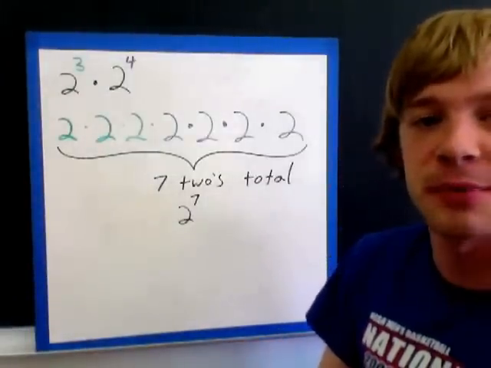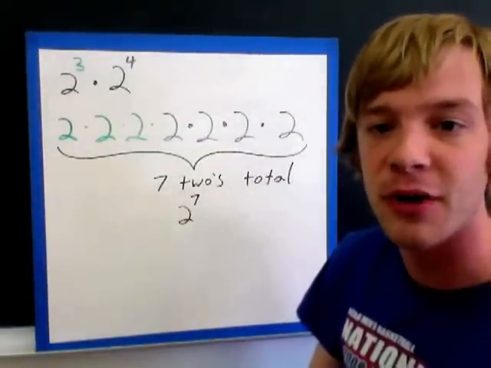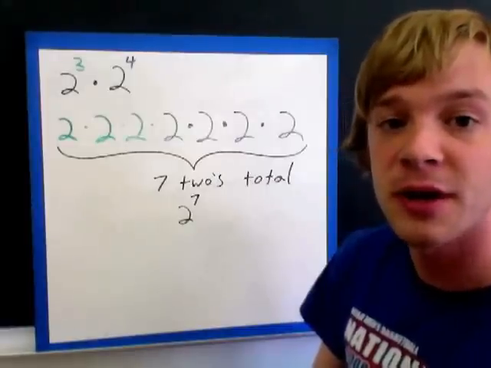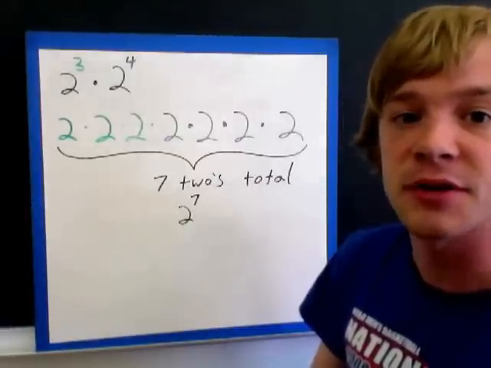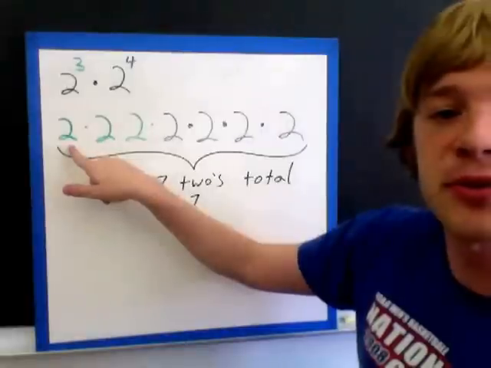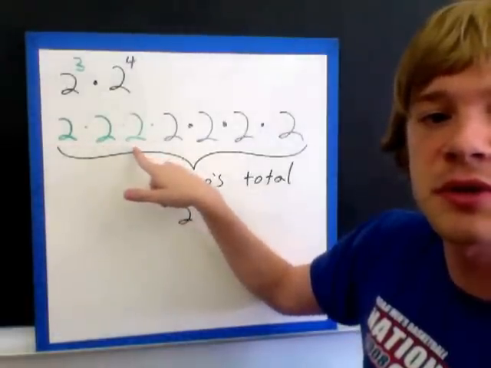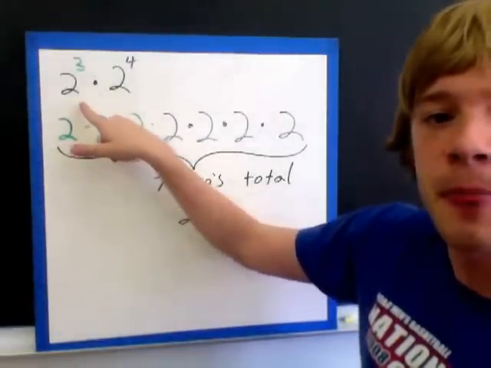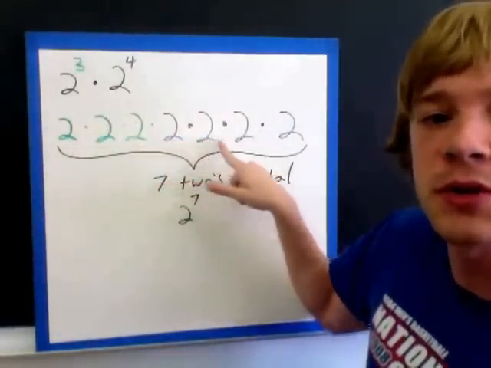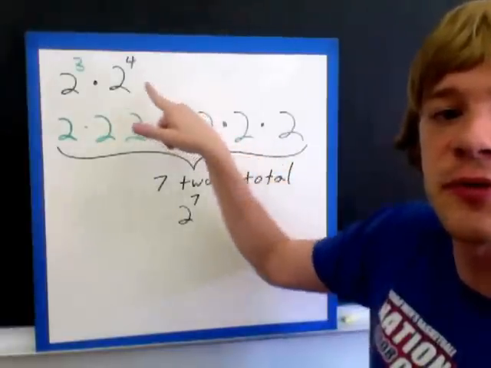So for our first example, I have 2 to the third power and 2 to the fourth power. These are multiplied together, and you see here, I have 3 2's from this 2 to the 3, and I have 4 2's from this 2 to the 4.